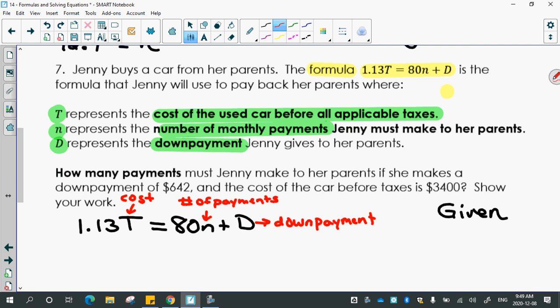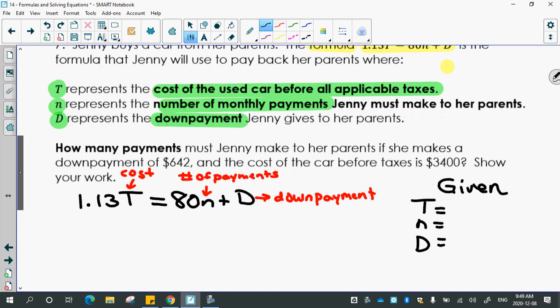So if we put the three letters down, T, N, and D, we have to figure out which ones they give us and which one it is that we have to find. So far, all this writing looks a bit overwhelming, but we've got out of it the formula and what each letter stands for. Okay? So now we're looking for numbers.